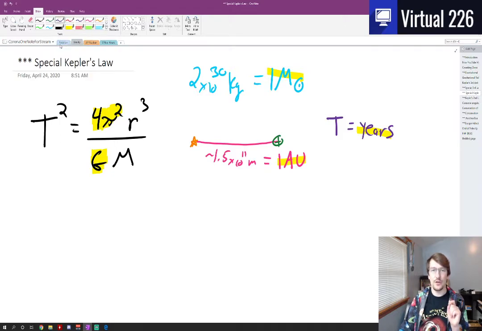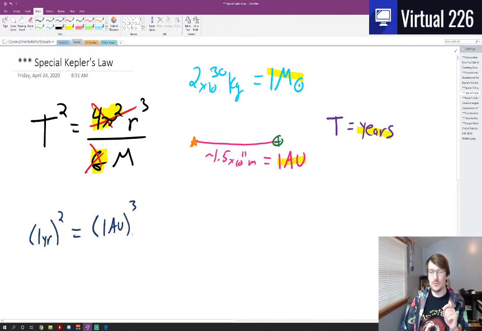Let's take Earth, for instance. Well, what's the period of the Earth going around the sun? The Earth's period is 1 year. Let's square it. Let's ignore these constants. We'll see why. Well, how far away is the Earth from the sun? What's its orbital radius in astronomical units? Well, by definition, the Earth is exactly 1 astronomical unit away from the sun, cubed.